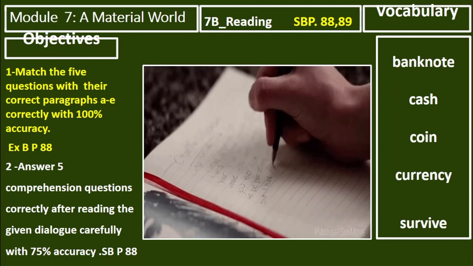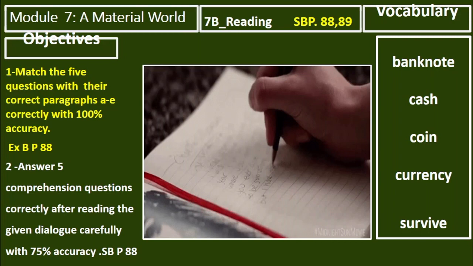Now it's time to go through the lesson objectives. So before going through the lesson objectives, open your student's book pages 88 and 89. Our lesson today has two main objectives. The first one is to match the 5 questions with their correct paragraphs.